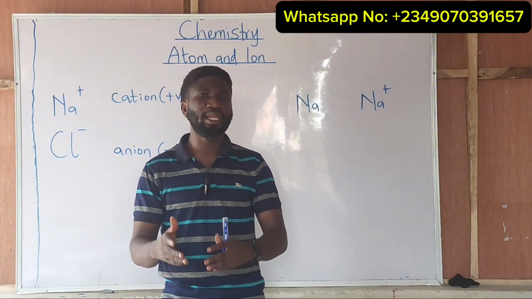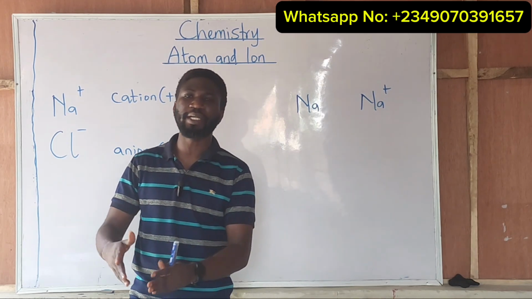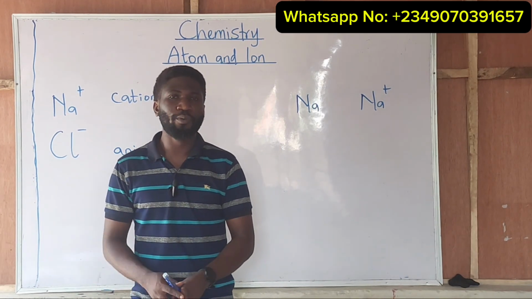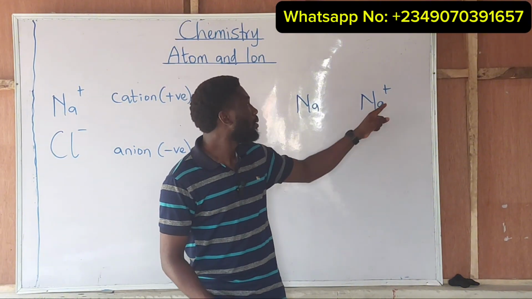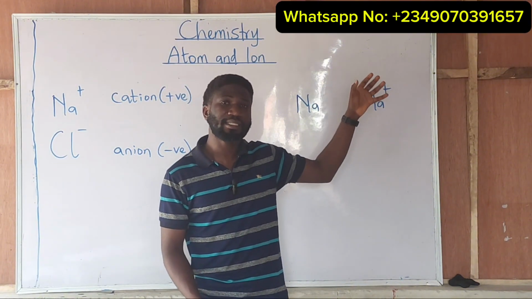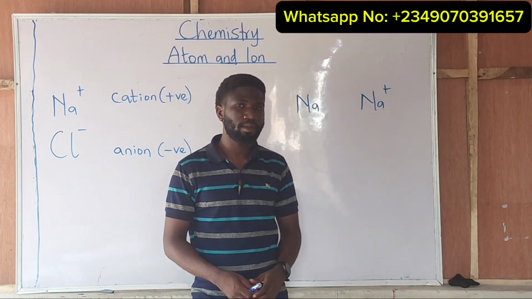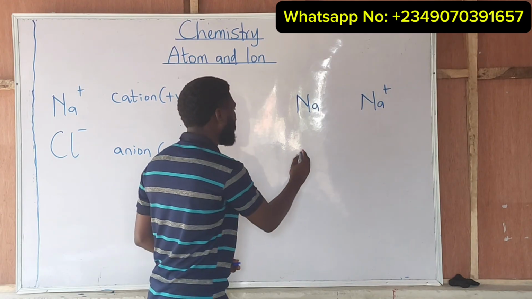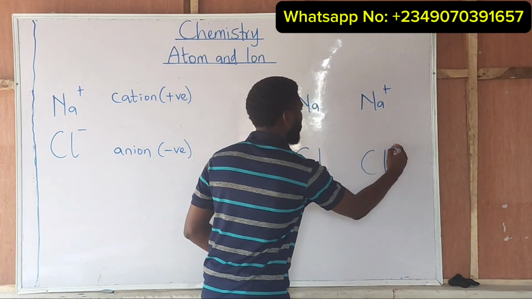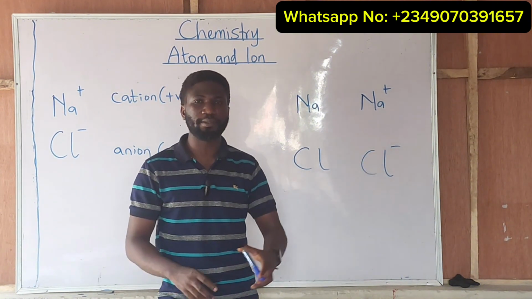So we have what we call electropositive elements, and we have what we call electronegative elements. Whenever you have an atom being positively charged, that shows that the atom is a metal. But if it is negatively charged, it is said to be a non-metal.